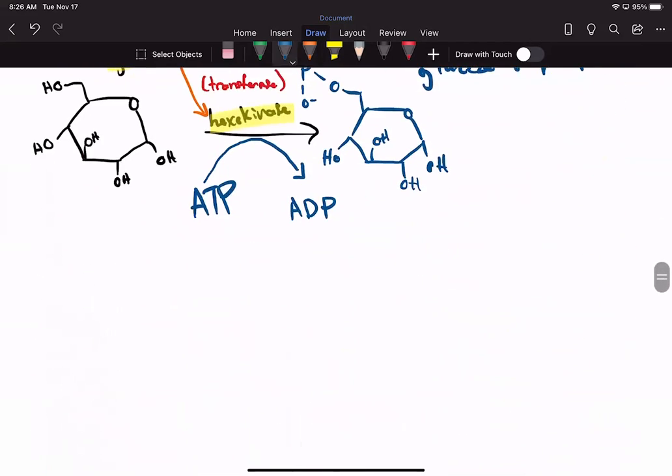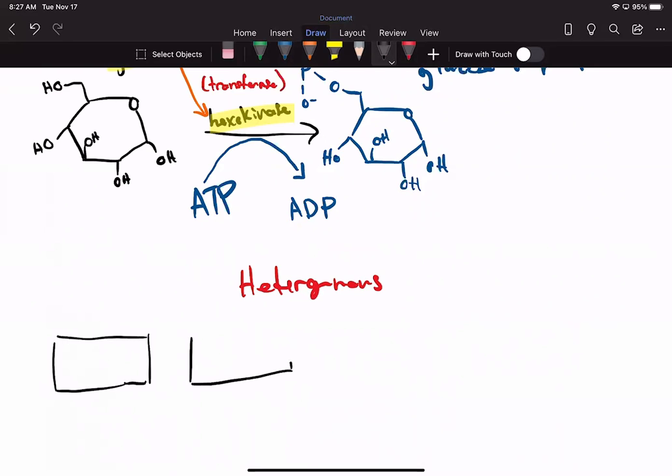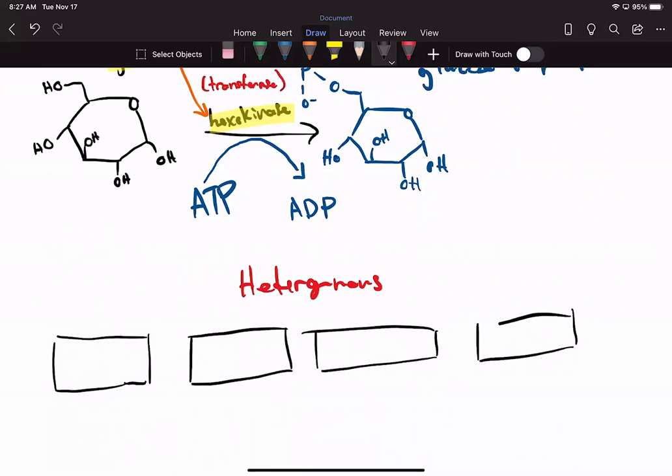So let's take a look at heterogeneous catalysis now. So heterogeneous, and I'll write that just so we're clear here, is multi-step. My drawing's not that great, but I think we can still understand what's going to happen here.